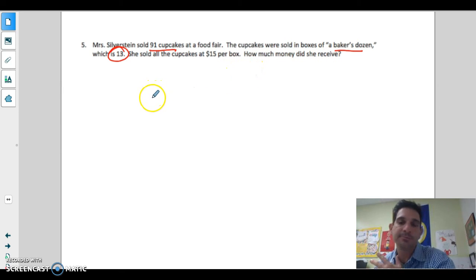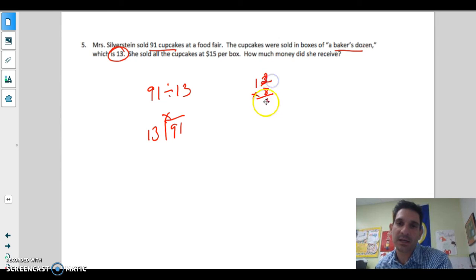Well, I have to figure out how many boxes she actually made. So it's 91 cupcakes divided by a baker's dozen, which is 13, because that's going to tell me how many boxes I had. This is 10, this is 90, so that'd be about 9 times. Let's try 8. 13 times 8? Well, I know this is not going to work because I know 12 times 8 is 96.